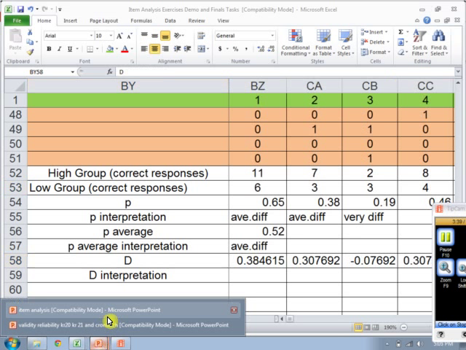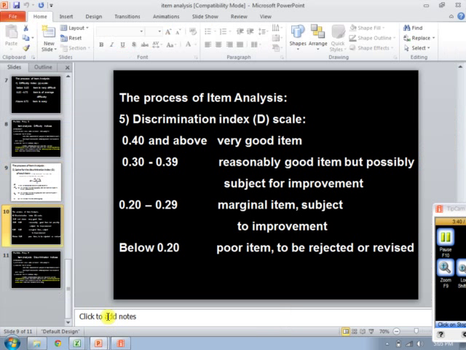Look at your PowerPoint. So how are we going to interpret? Pag 0.40, very good item. If it's below 0.2, poor item. You have to reject this item. The next time you conduct a test of this same subject or course, delete this item.